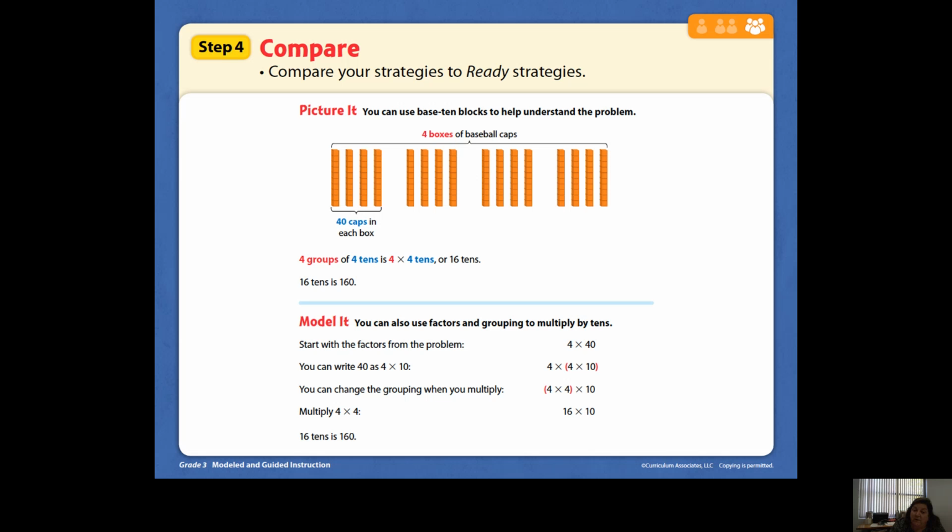So we know that 4 times 4 is 16. So if we were to go through and count each individual 10 rod, we would have 16 10 rods. So that's as if we're saying 16 10s. So if we have 16 10s, class, what does that mean? If you said that it means that we have 160 baseball caps, you are correct.